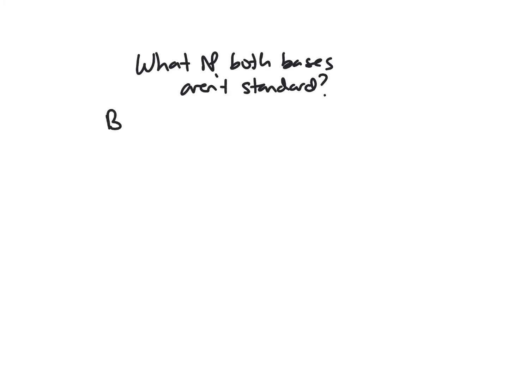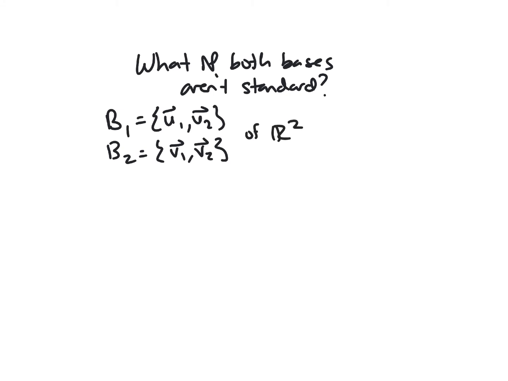So what if you've got some B1 here that's U1, U2, and B2 that's V1, V2, these are both bases of R2, then how do we change from one to the other, right? I mean, again, you could just do the coordinate vectors, of course, and that would just be some matrix computations, but we can also leverage what we already know.